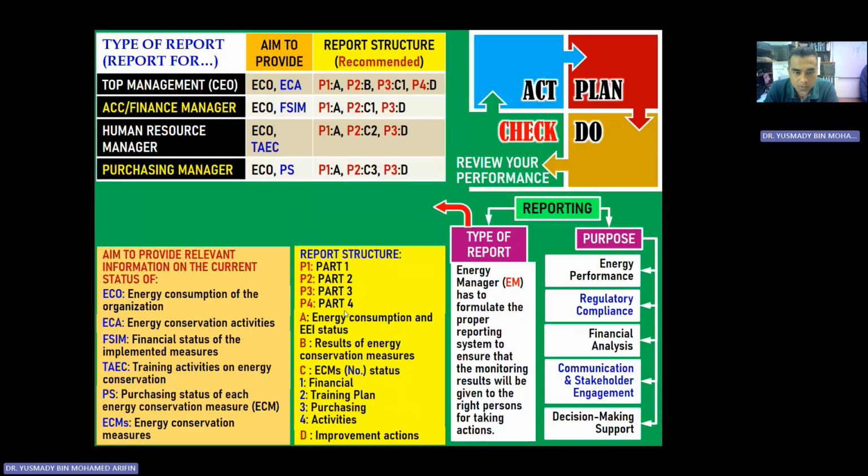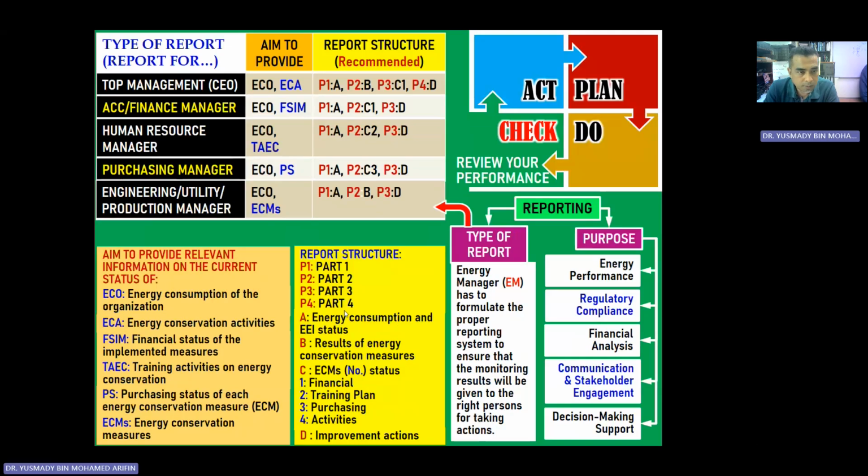Part number 1 consists of, in terms of content, A, which refers to the energy consumption and also EEI status. Part number 2 refers to C3, energy conservation measures based on purchasing status. And part number 3 refers to the improvement action, item D.